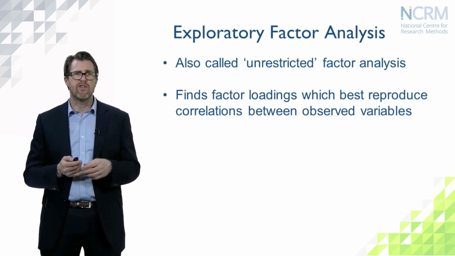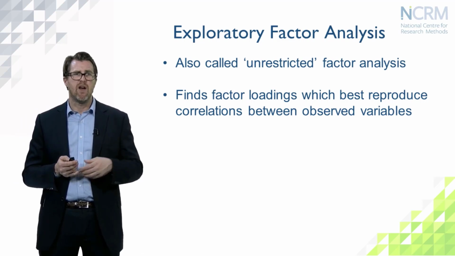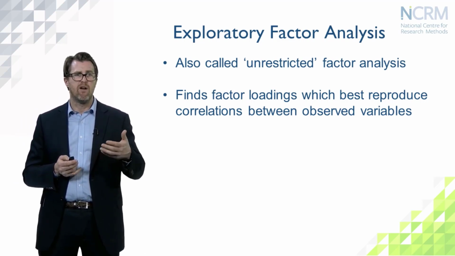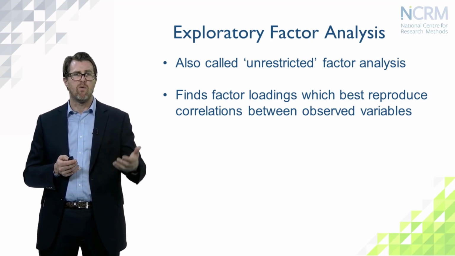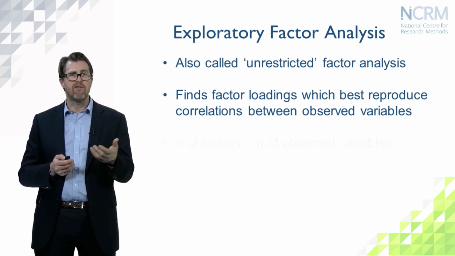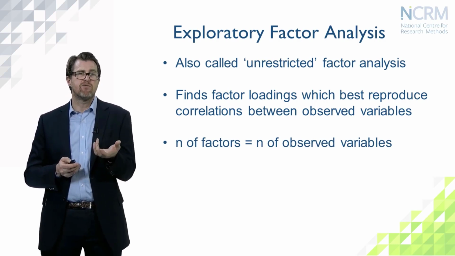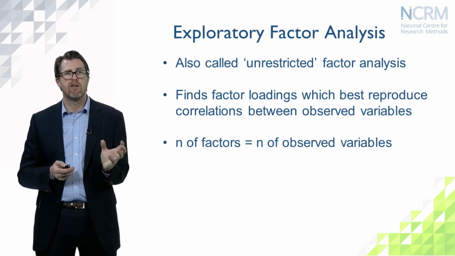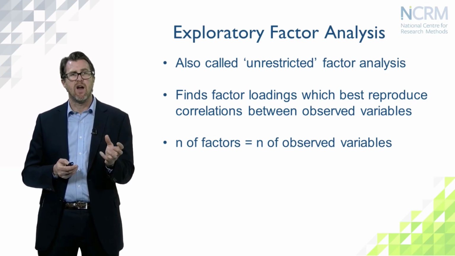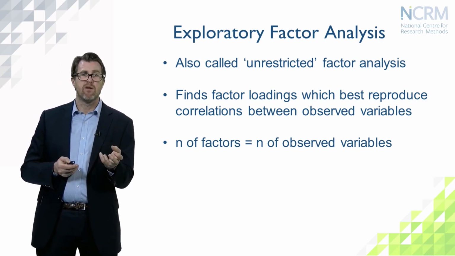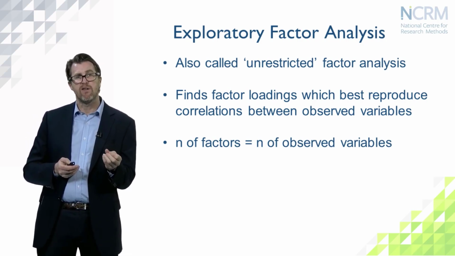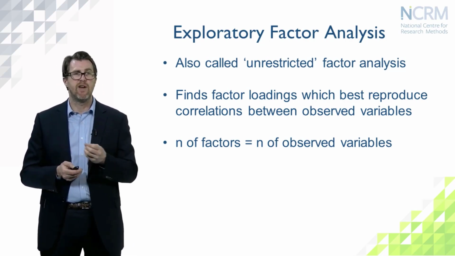Now, it does this by producing a number of factors which in EFA is equal to the number of observed variables that we have. So this is really just a reordering of the observed data. We end up with the same number of factors as we have observed variables.